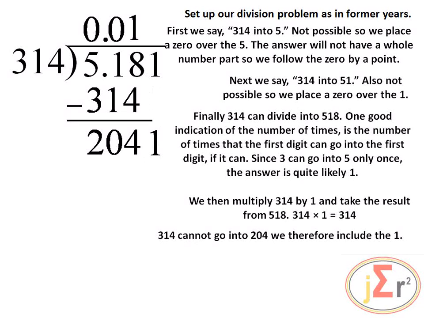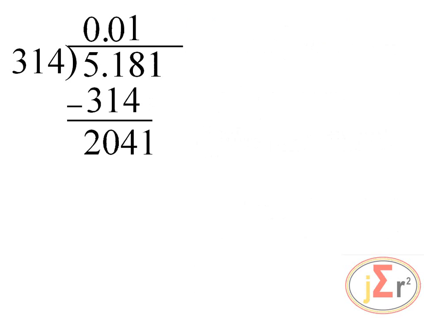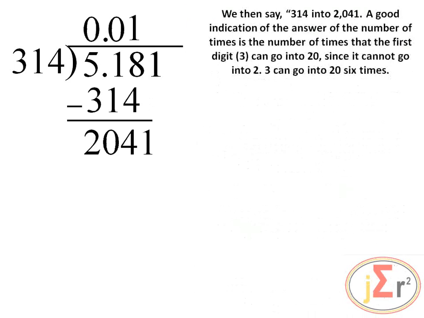Now it is 2041. We then say 314 into 2041. A good indication of the answer is the number of times that the first digit can go into 20.